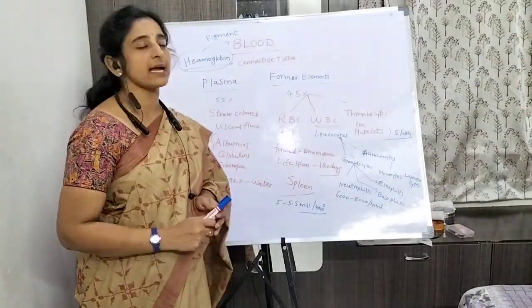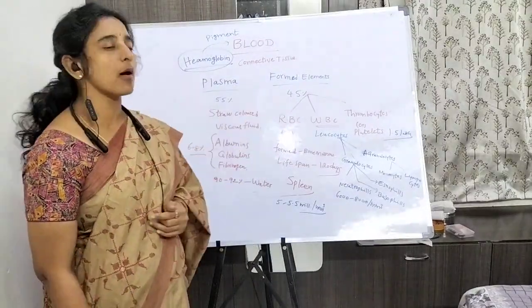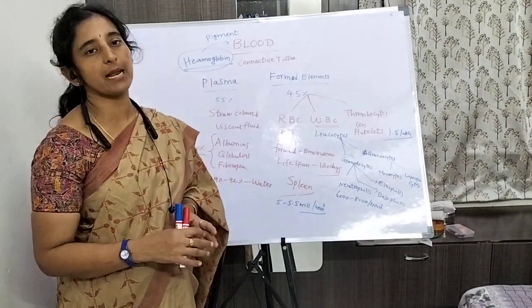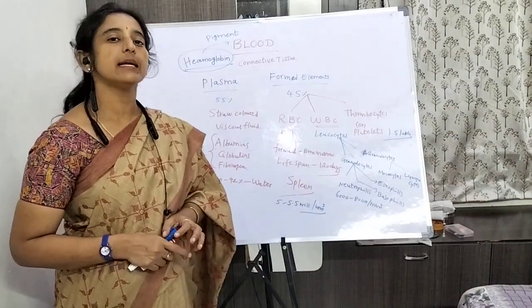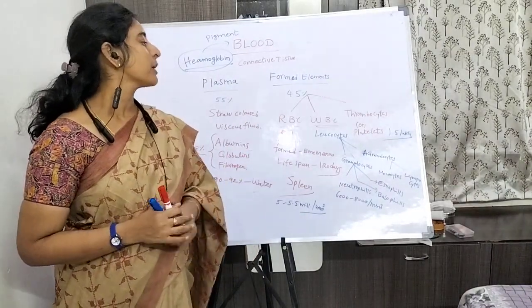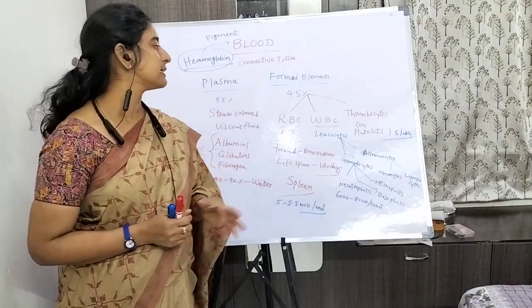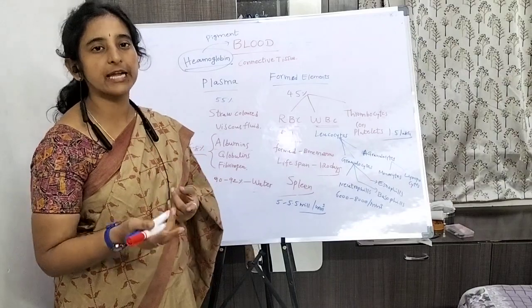Thrombocytes are blood platelets, which are responsible for blood clotting. It takes generally 3 to 5 minutes for clotting of the blood if you get any injury.